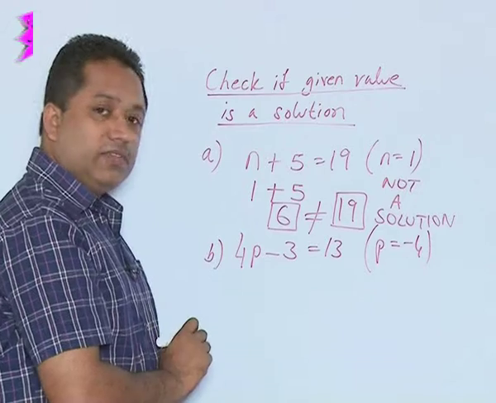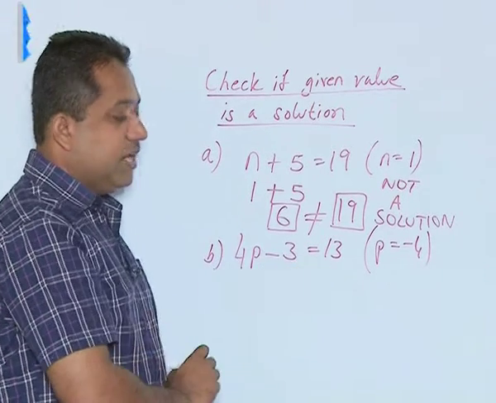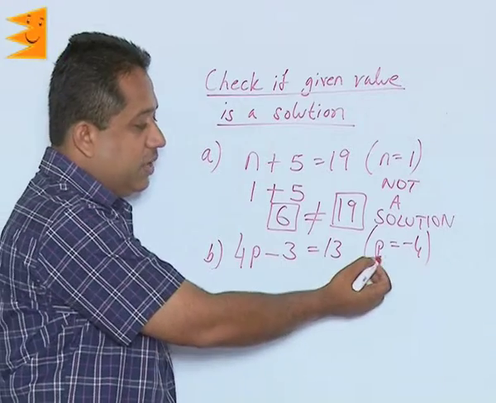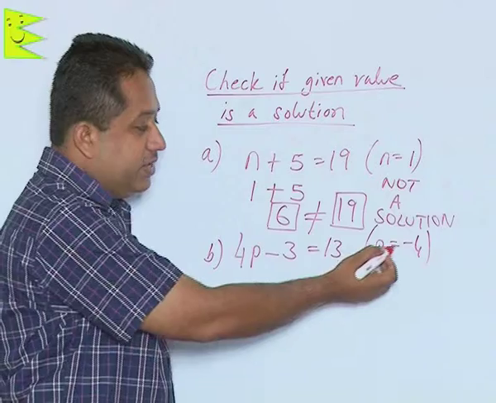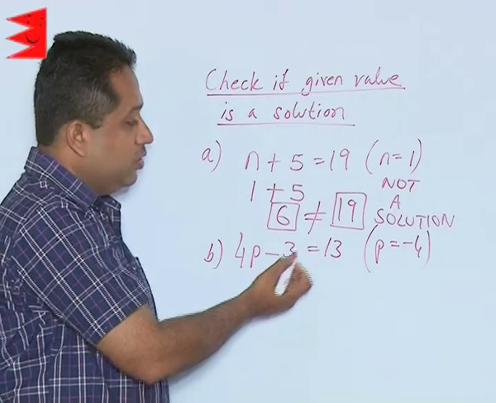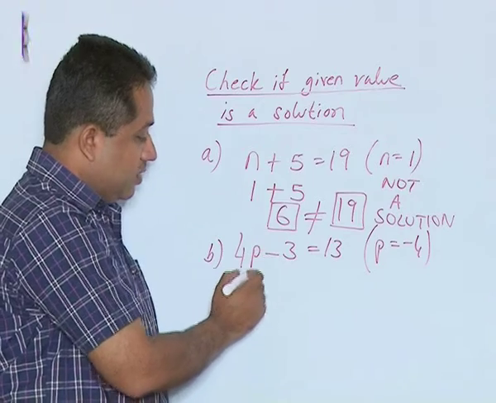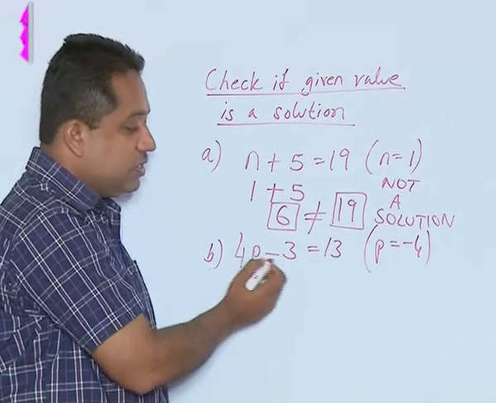Let us try out the second one. 4p minus 3 equal to 13 and the value of p given is minus 4. We have to again check whether p is minus 4 is a solution to this equation or not. So, what has to be done? Same way, we substitute this value of p as minus 4 in this equation.